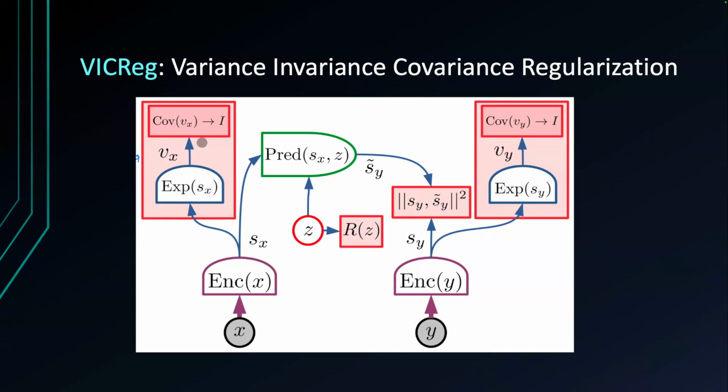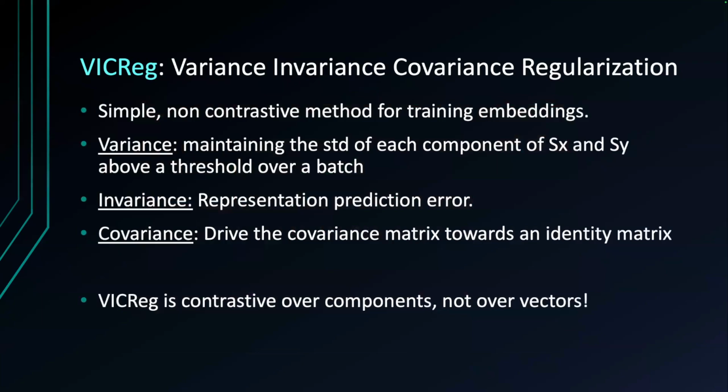I'll just introduce the concepts. The full form of VicReg is variance, invariance, covariance regularization. Let's first look at what each of these actually means. VicReg is a simple non-contrastive method for training embeddings.